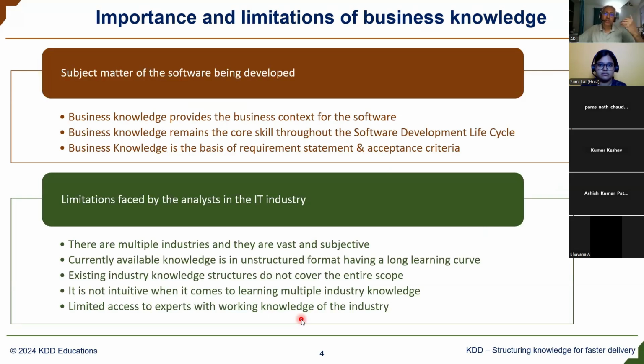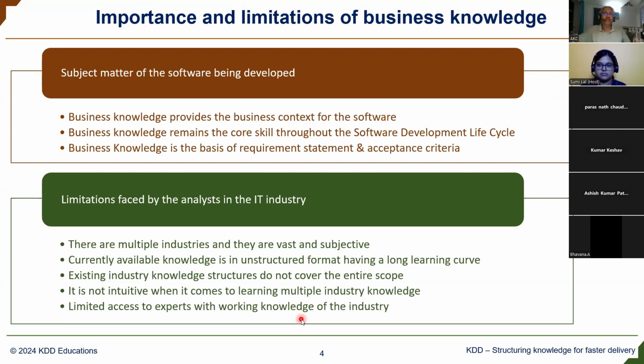Now, any business analyst having a good knowledge of the business in which that person is expert plays a very important role, because it provides the subject knowledge for any software development, or even during maintenance.